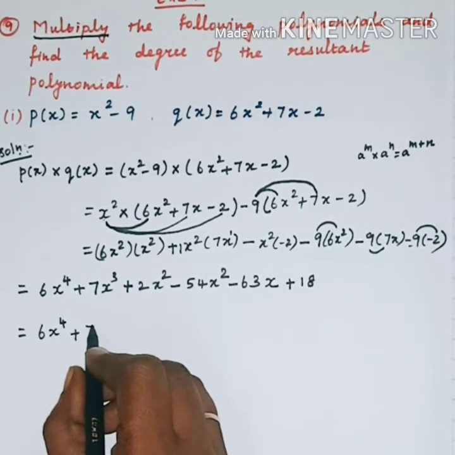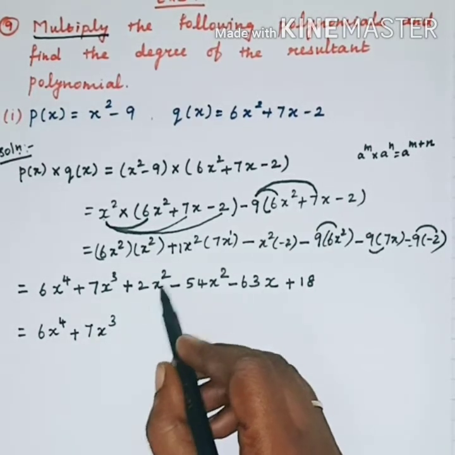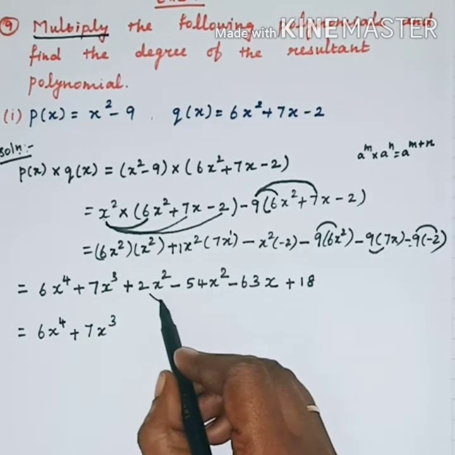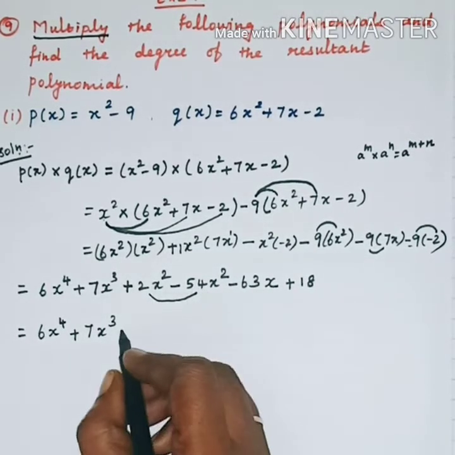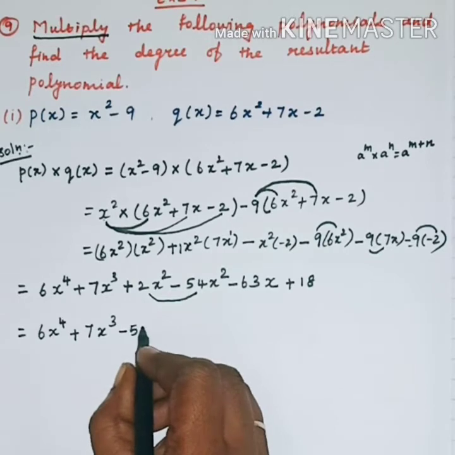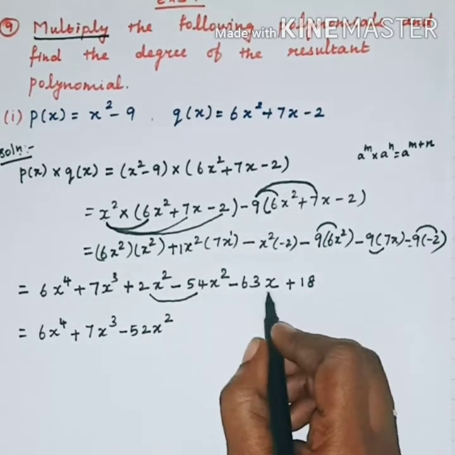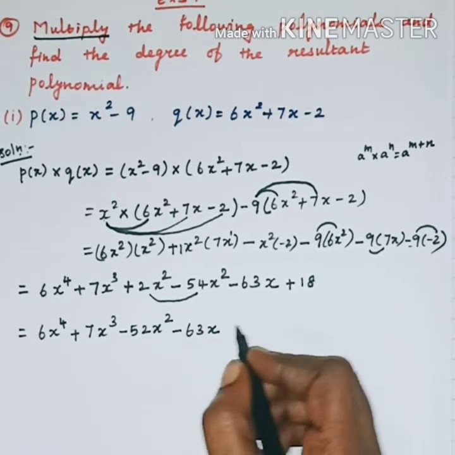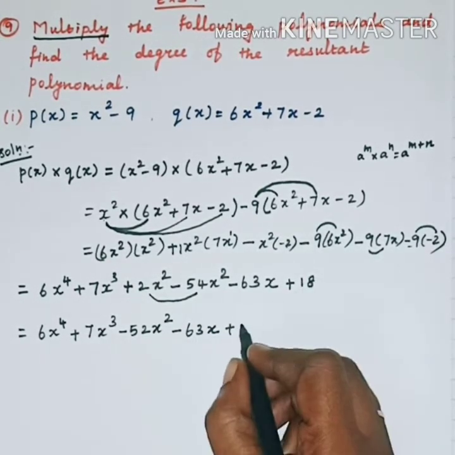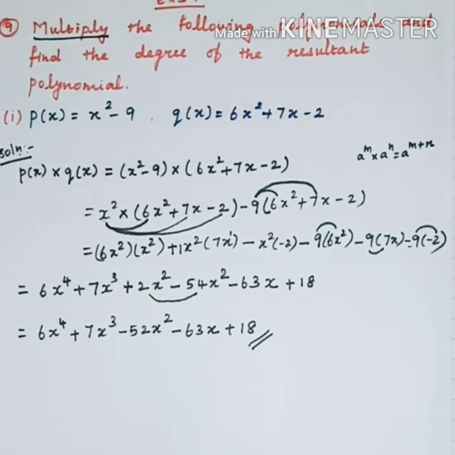No. So 7x cube, and then x square and x square, these two are the like terms, isn't it? So plus 2 minus 54, we get minus 52x square. Okay, and then the variable here is x, minus 63x, and then the constant term is 18. So this is the answer for this sum, 9th sum.